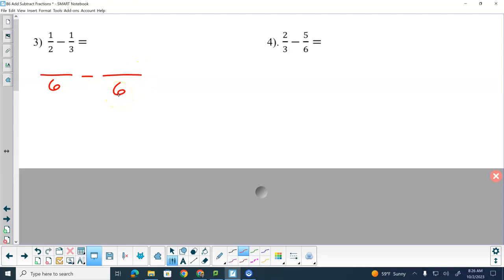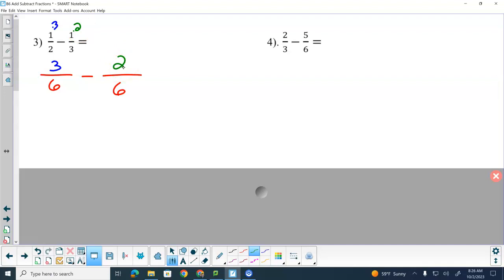Multiply 2 by what to get 6? Multiply by 3. So then this one would be 3/6. Multiply 3 by what to get 6? 2. So then this one would be 2/6.